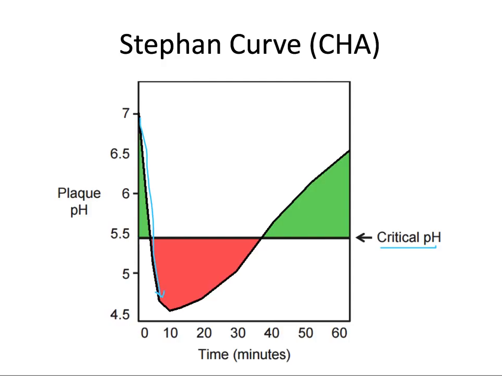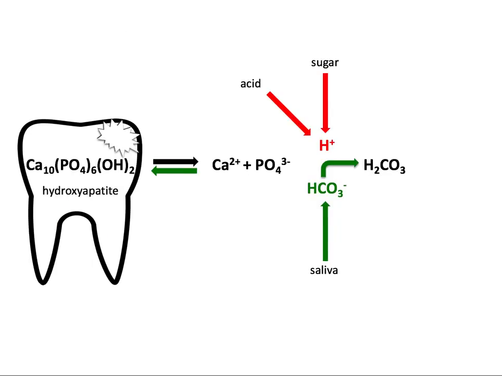So let's revisit our equilibrium diagram. So we've talked about what can go wrong. Now let's talk about what can go right. Saliva is our main natural protector from cavities, and saliva contains bicarbonate, HCO3 negative, which is a weak base and serves as a buffer for this equilibrium.